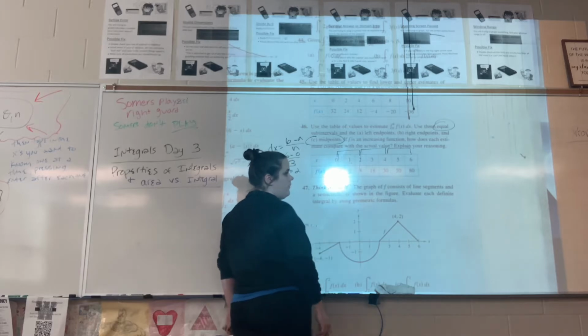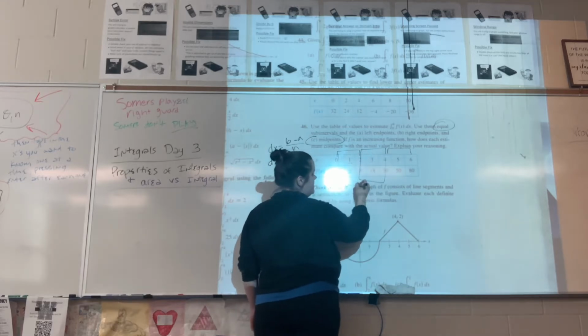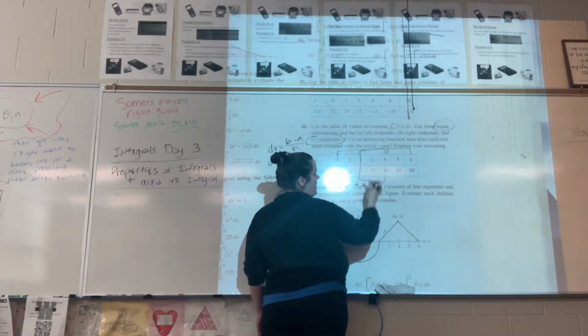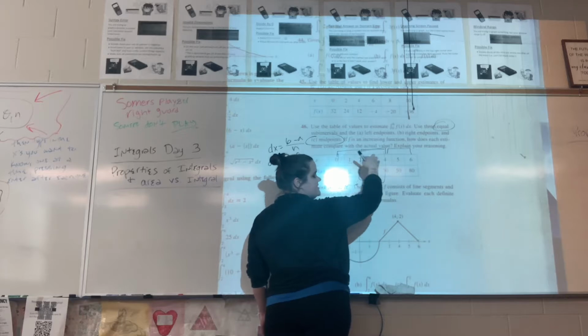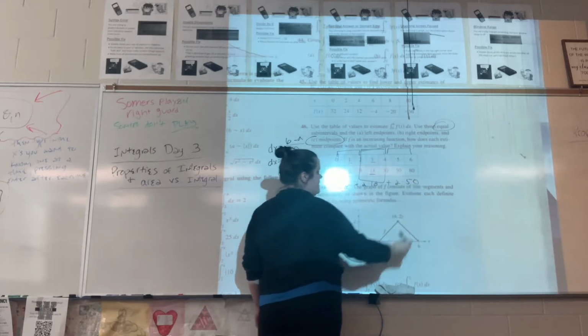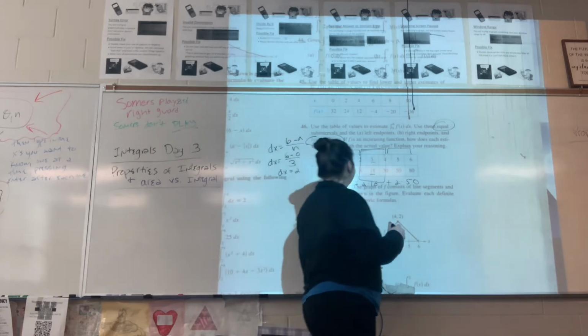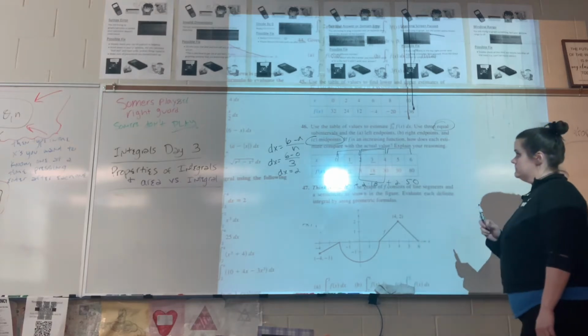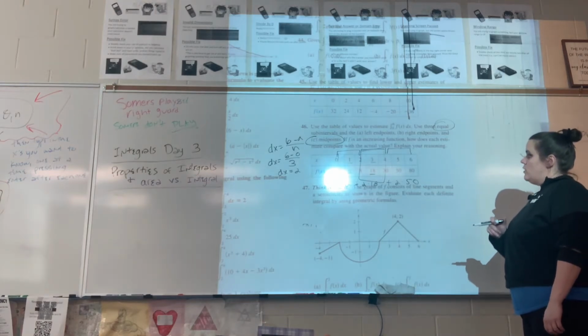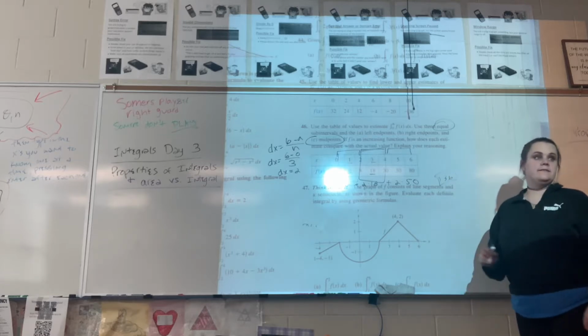So this one is going to be 2, because it's 2 wide, times 18, because 3 is the middle between 2 and 4, plus 2 times 50. So 136, right? Is that what you got?